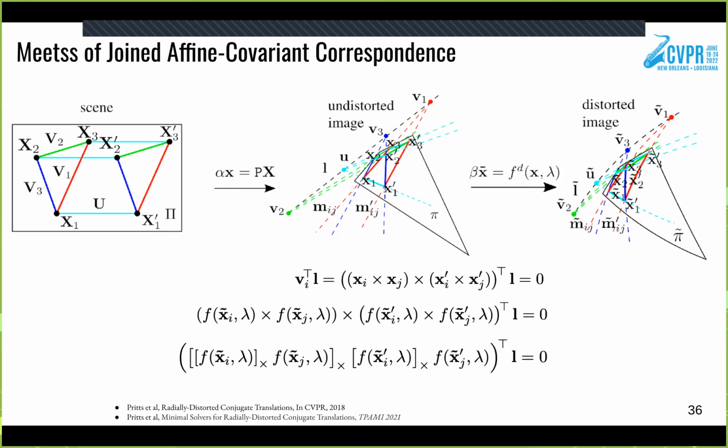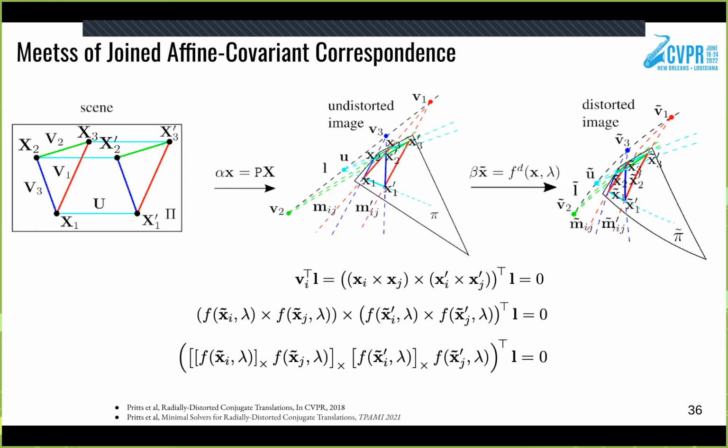It gives you lots of constraints to play with. And then if we show the projection by P, so the pinhole projection, you see the vanishing points and vanishing line that is generated by this geometry. And then if we distort it, you get the distorted geometry, which is the circular arcs that are converging at the distorted vanishing points and vanishing lines.